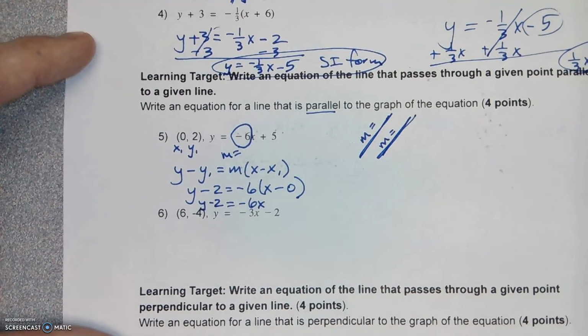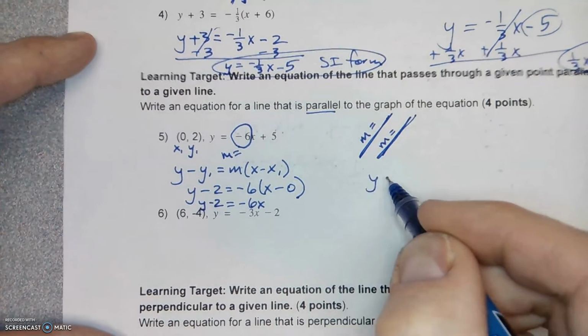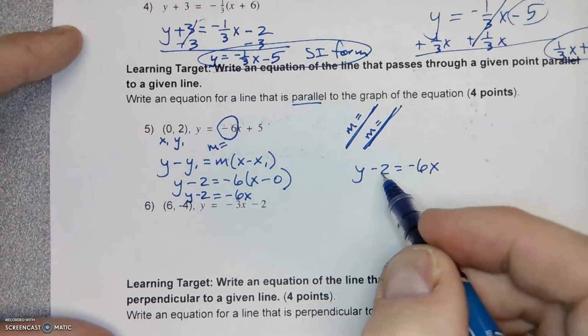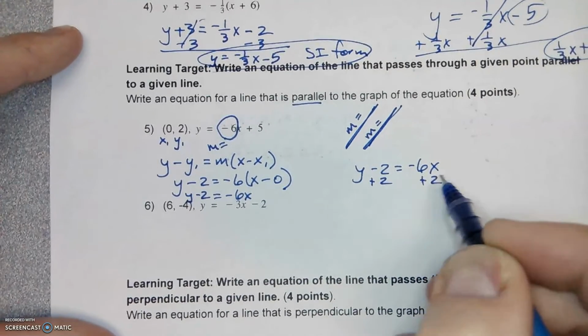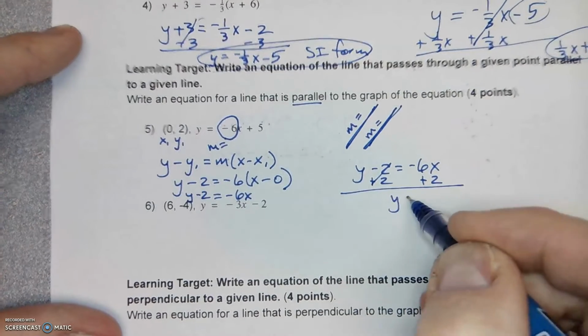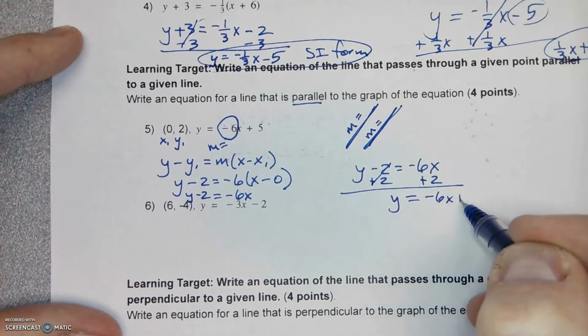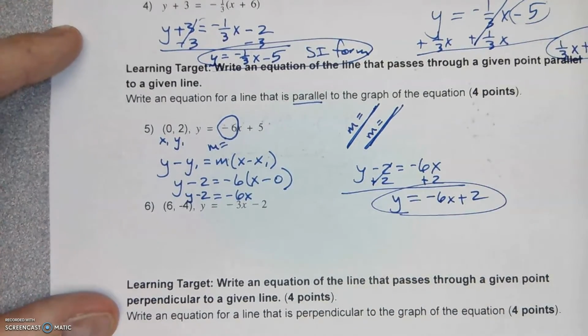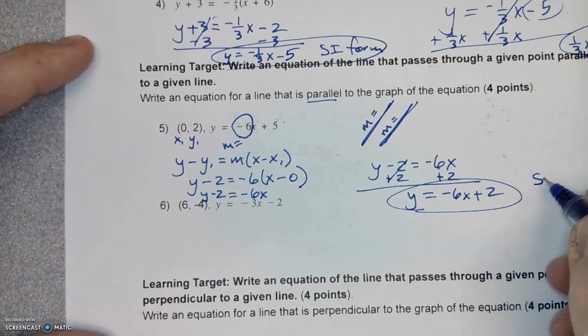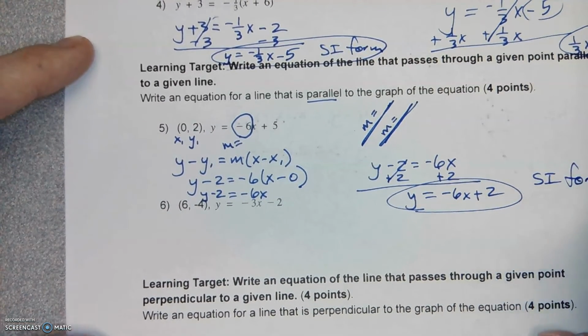Y minus 2 equals negative 6x. Now I'm going to add 2 to both sides so that y can get by itself. Y equals negative 6x plus 2. And you're done. You're looking for the slope-intercept form.